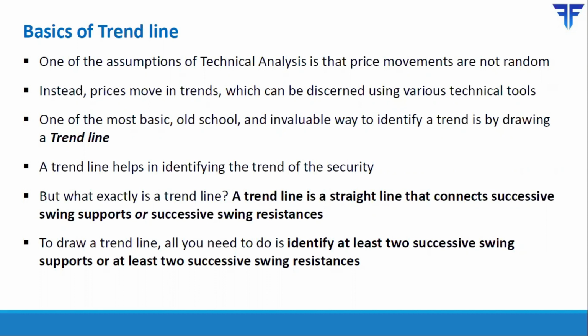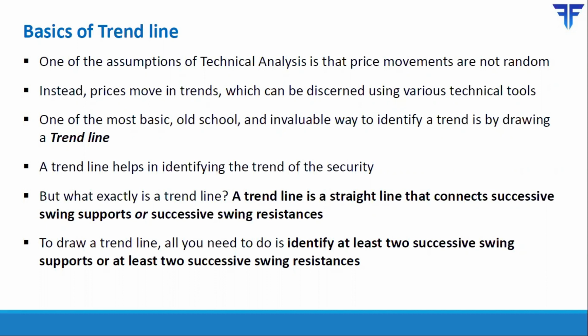Basically, it is a straight line that connects two swing lows or two swing highs. So how you construct a trend line is basically you connect successive swing lows, which are nothing but successive swing supports, as well as successive swing highs, which are nothing but successive swing resistances.